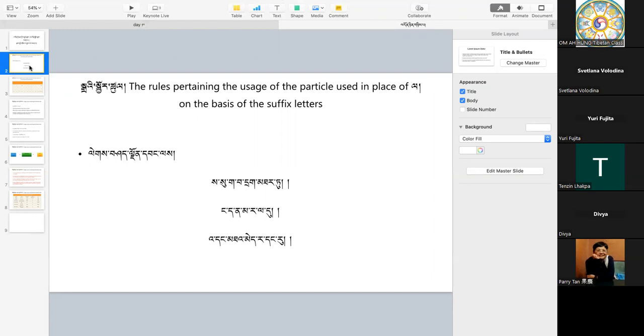The first one is the usage on the basis of the suffix letter of the name that we are going to use the particle with. We know that the connective particles are part of the bound morpheme word. So what do we mean by bound morpheme word? We mean to say that these are words that cannot show a meaning by themselves, and that the meaning of these words is made apparent only when they are associated with other names.